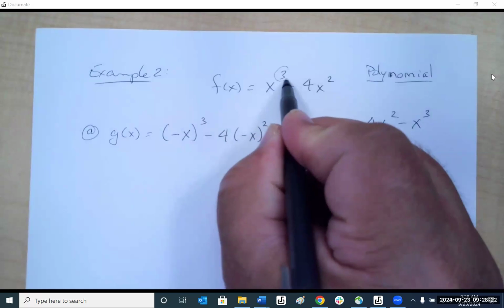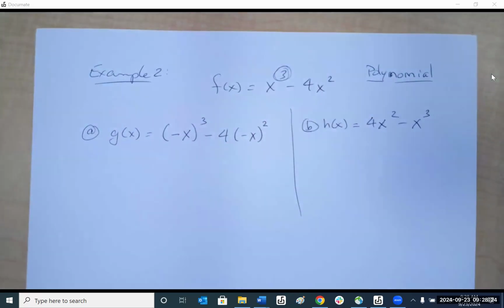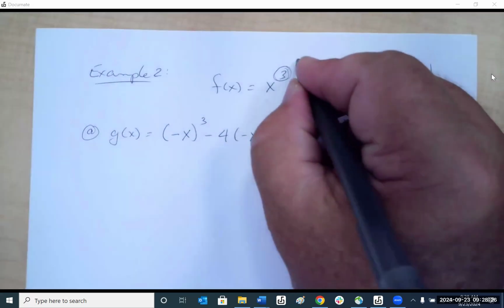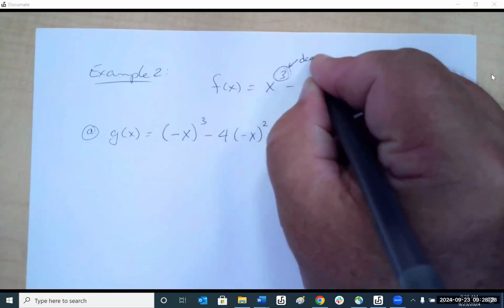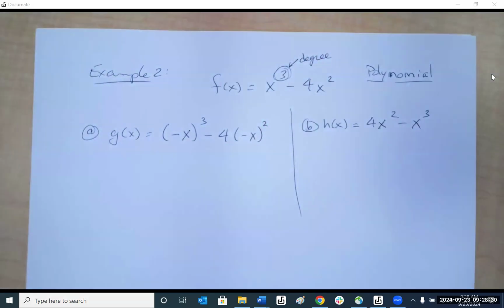Look for the highest exponent. The highest exponent is called the degree. The degree of the polynomial tells you the shape of the curve. It tells us how many solutions we can have. It tells us all that stuff. And we'll talk about that in the next chapter.